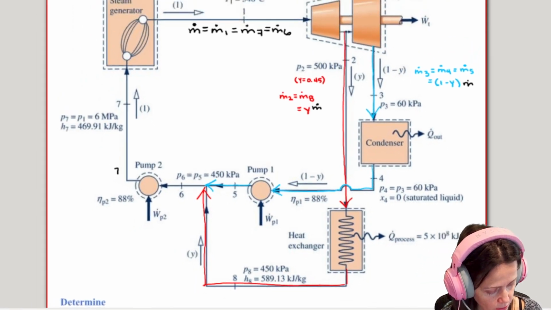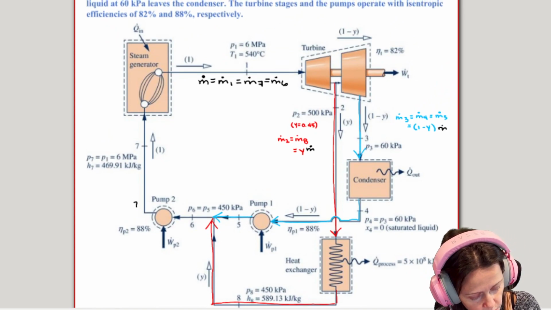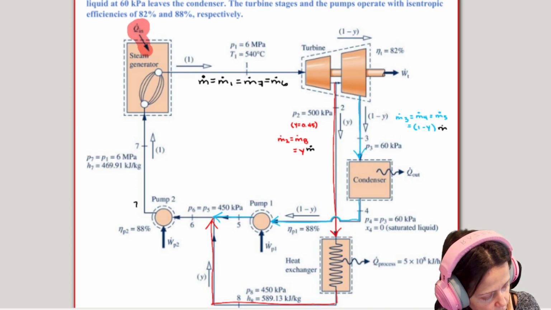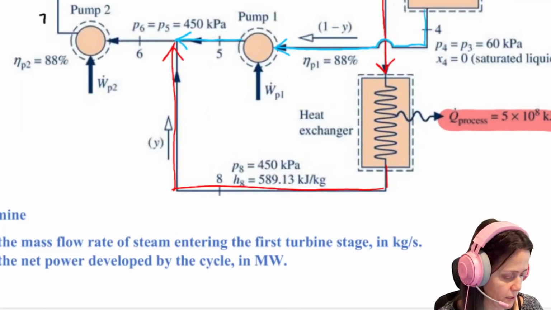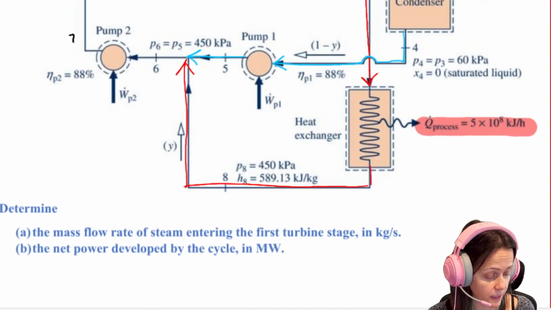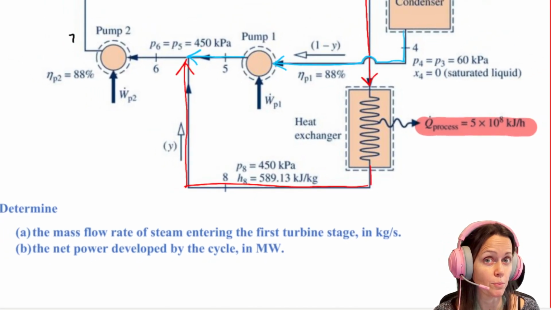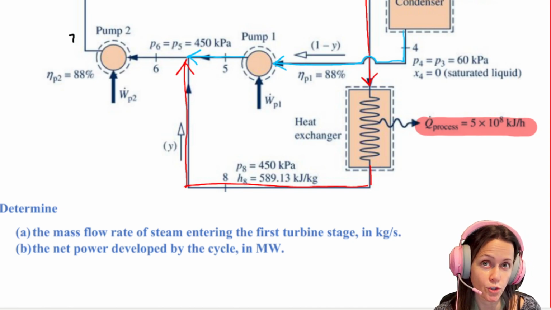Let's also look at the Q dots and make sure we've got a handle on those. Of course we've got a Q dot in for the steam generator, but we also have another Q dot at the very bottom. That's why it's a cogeneration plant: not only are we producing power, but we're also using some of the heat extracted from this system for some other process.